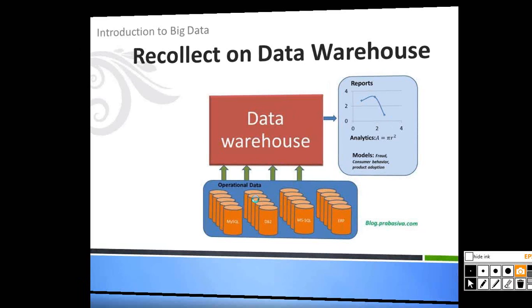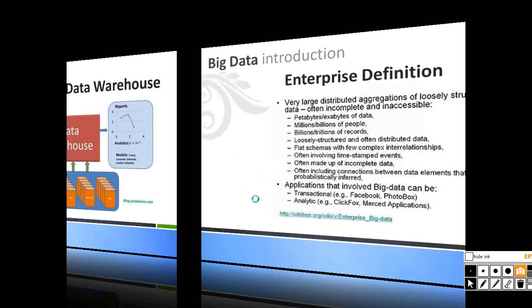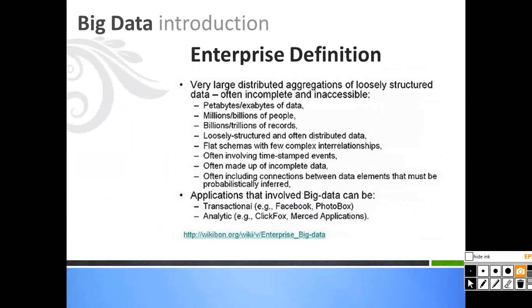now we're talking about big data. How is that a way ahead, or a completely different shift in the way the warehouse is operated? If you look at the definition, it talks about key points. One is that the data is distributed, aggregated and also loosely coupled. That's the definition of big data.